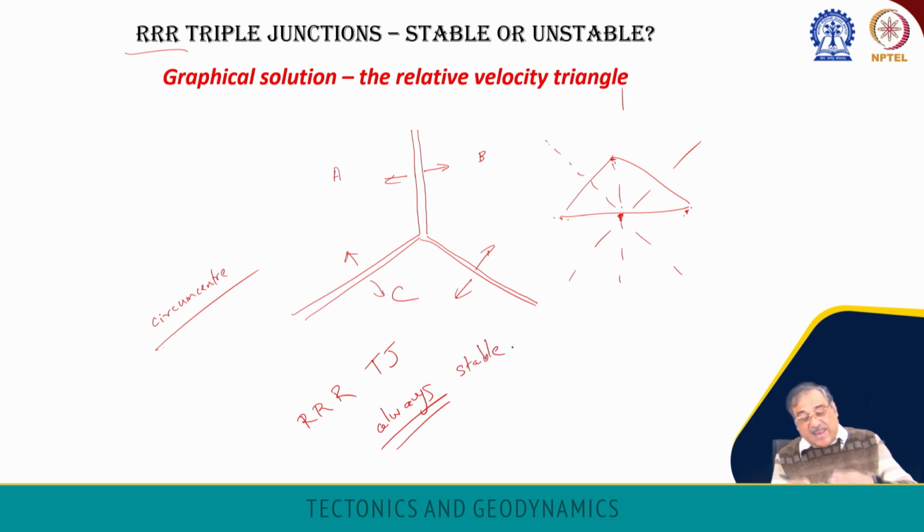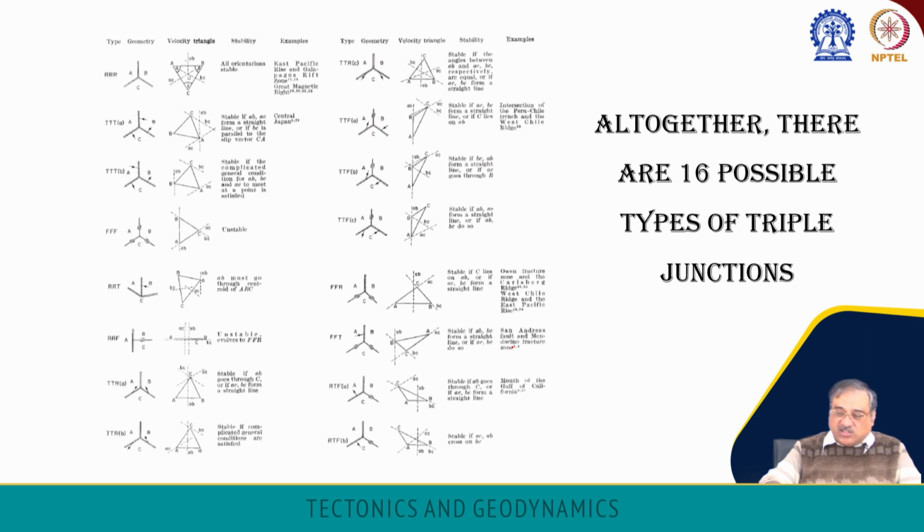So just as an FFF triple junction, a fault triple junction, is always unstable, an RRR triple junction is always stable. So we now have the basic tools or the strategy we need to be able to evaluate what the types of triple junctions would be.